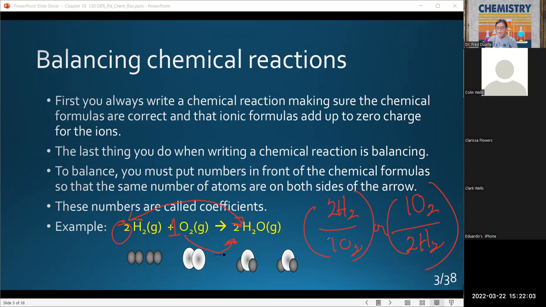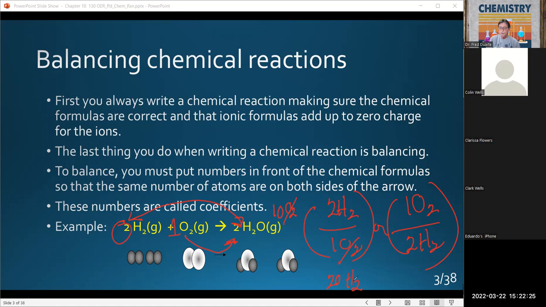Well, I'm going to use the left one, because if I have 10 oxygens and I multiply by this factor, guess what? My oxygens cancel, leaving hydrogen. So I need 20 molecules of hydrogen for every 10 molecules of oxygen, because it's a 2-to-1 ratio.